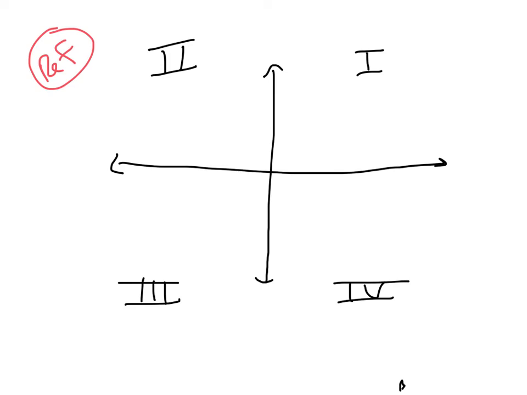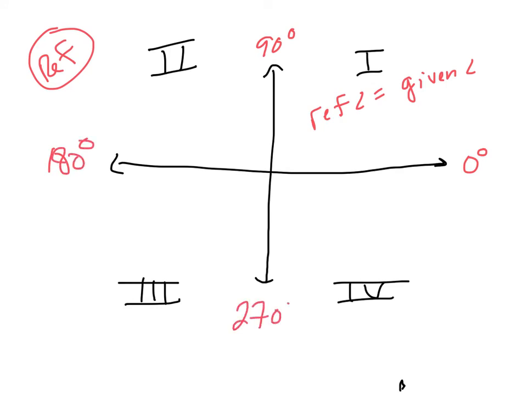If I'm in the first quadrant, my reference angle is equal to my given angle. Okay? So any angle between 0 and 90 degrees is going to be whatever the given angle is. If I'm in the second quadrant, my reference angle is equal to 180 minus the given angle.